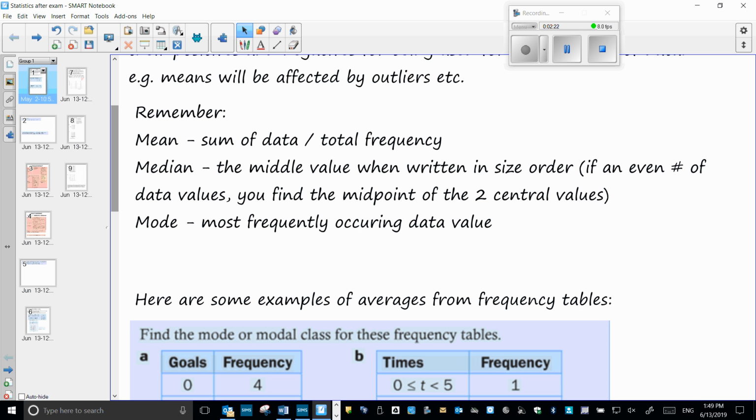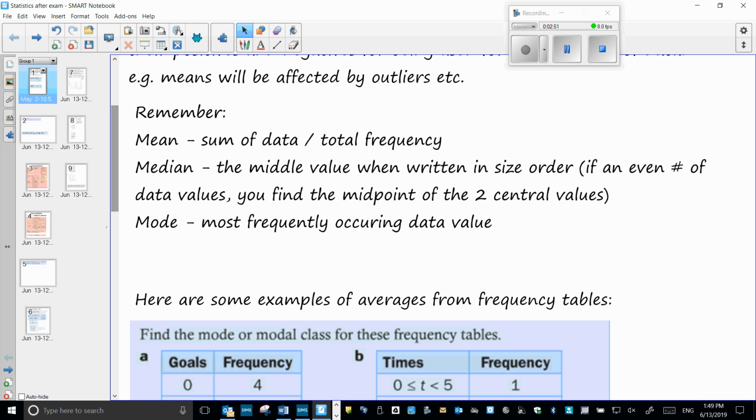So to find the median you find the midpoint of those two central values: add the two middle ones up and divide by 2. The mode is the most frequently occurring data value.